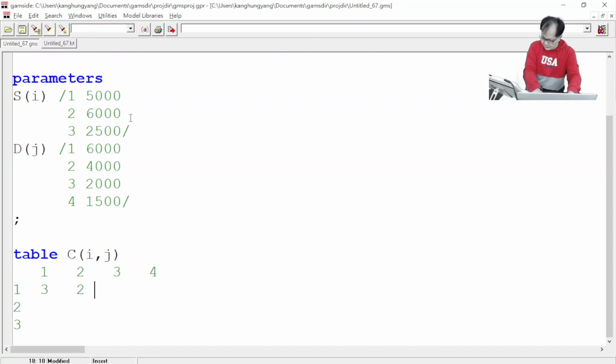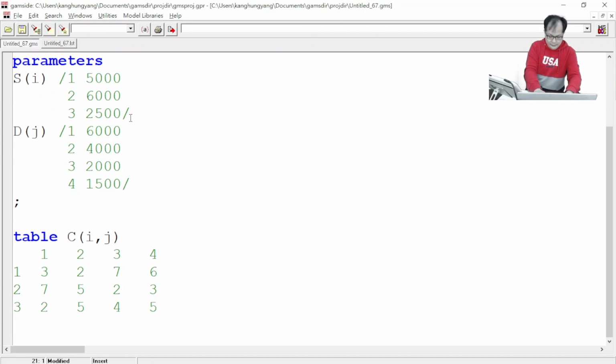The values are 3, 2, 7, 6, then 7, 5, 2, 3, then 2, 5, 4, 5.